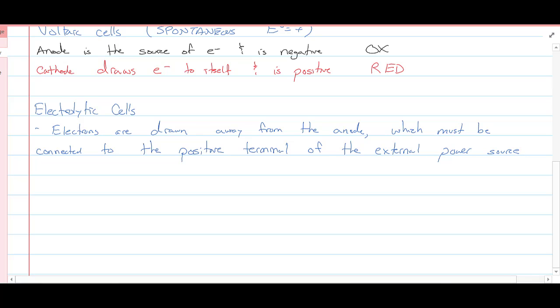So the anode is now positive and still oxidation.